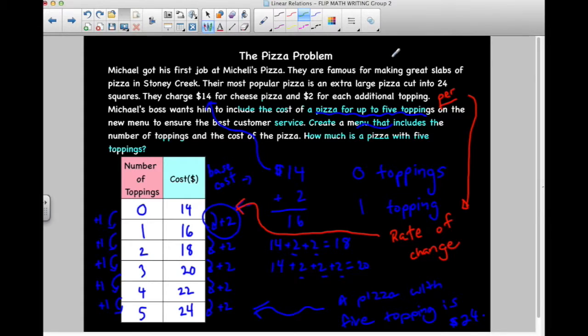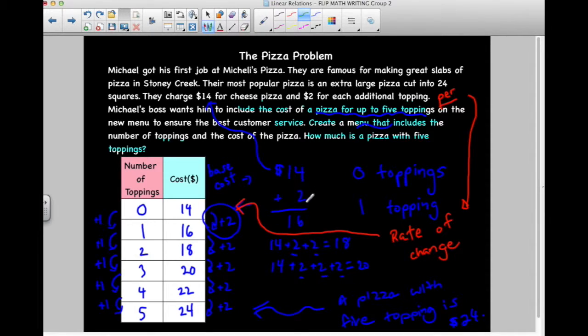So I just want to recap quickly what happened in the last pizza problem. Michael got his first job, and he needed to create a menu that displayed the cost of a pizza for up to 5 toppings. Okay, so we created a table and we listed the number of toppings in one column and the cost of the pizza with that number of toppings in the second column.